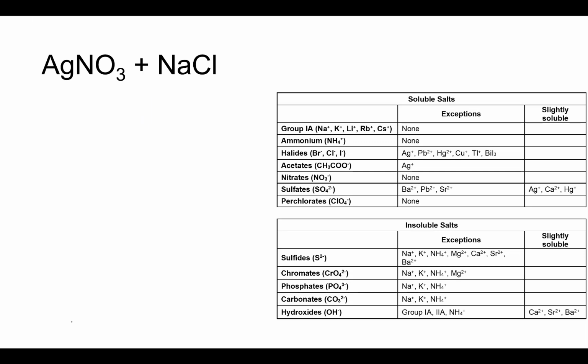We go through the same process for silver nitrate plus NaCl. So we're going to have Ag plus ions plus NO3 minus ions. And that's going to also go to the party with Na plus and Cl minus.